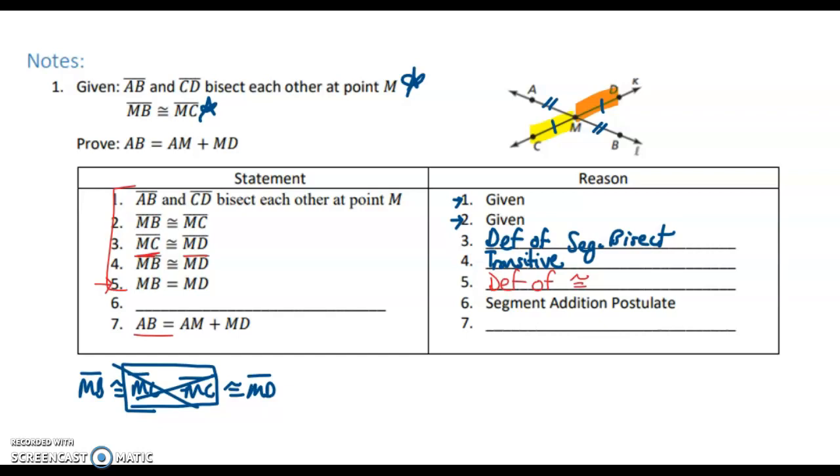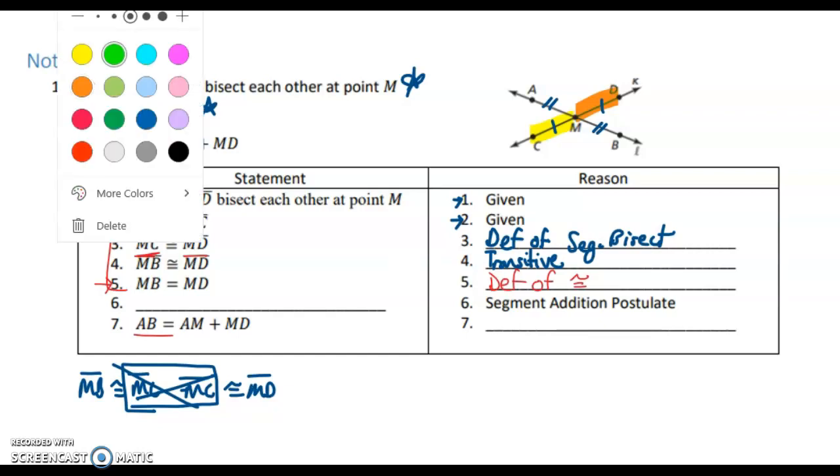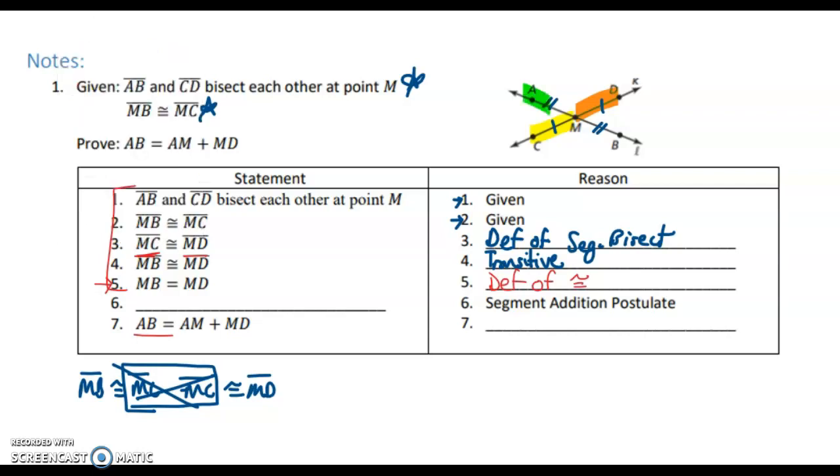So that makes me think I should do the segment addition with AB. So go ahead and write down what it would be if you used the segment addition postulate to write a statement about AB. I'm just going to draw it up here so you can see it. What would the segment addition postulate be for that statement?